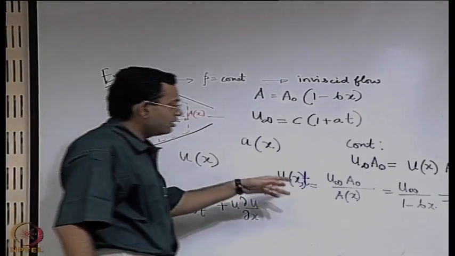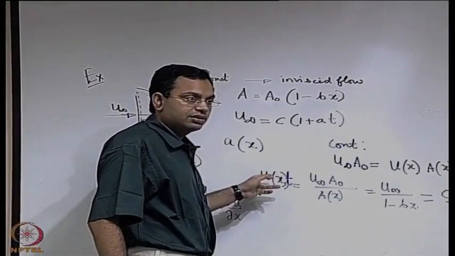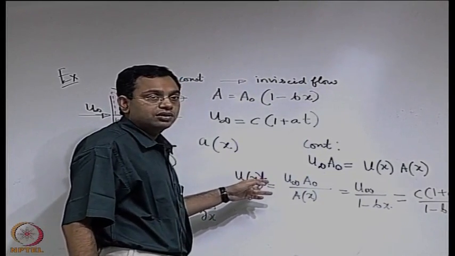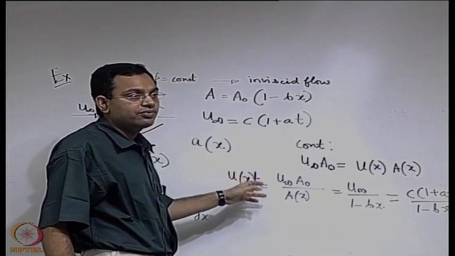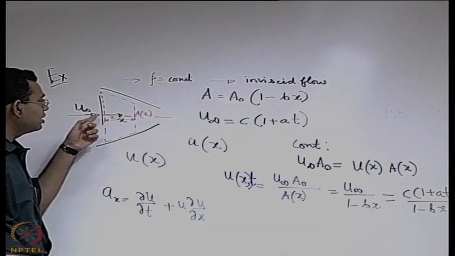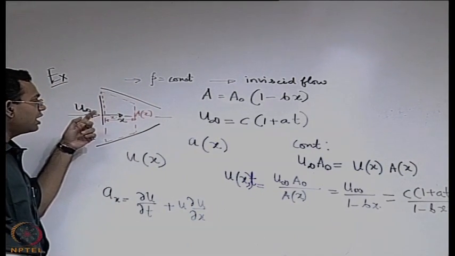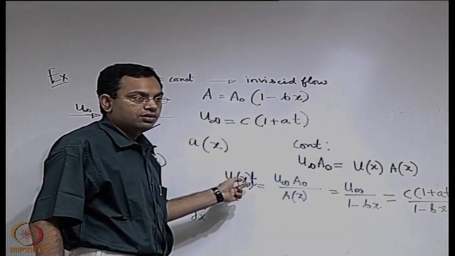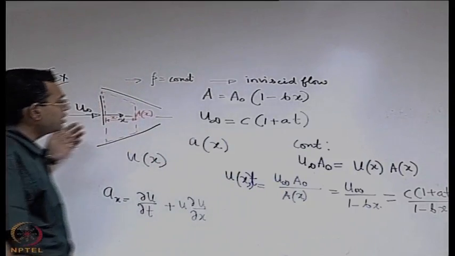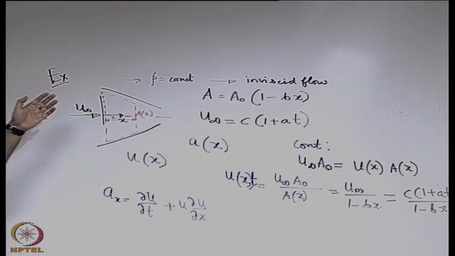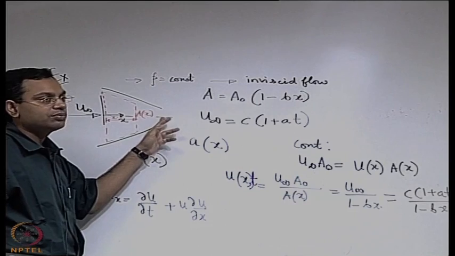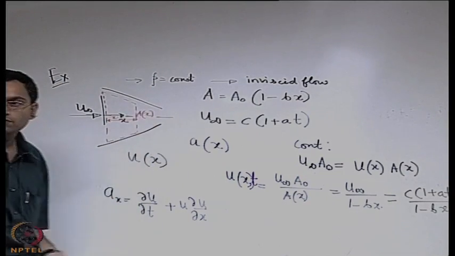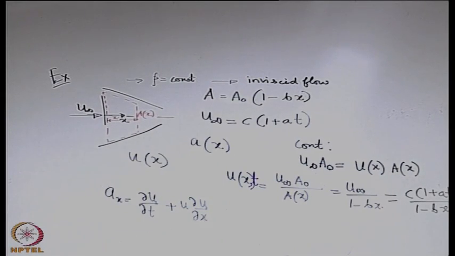Given the velocity components, or just one component of velocity here, you may work out what should be the time necessary for a fluid particle which is injected here to move along the center line from one end to the other. So it is just like tracing the path line and finding out when along that path it moves and comes to the end of the channel. So that is a straightforward extension of this one.